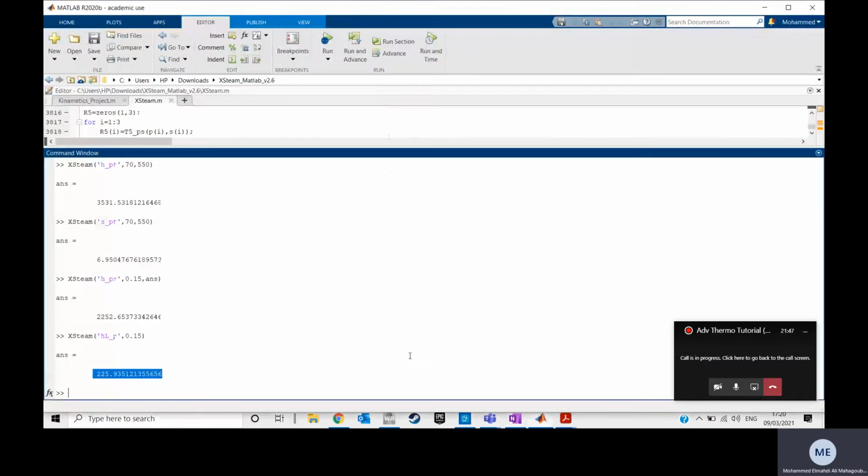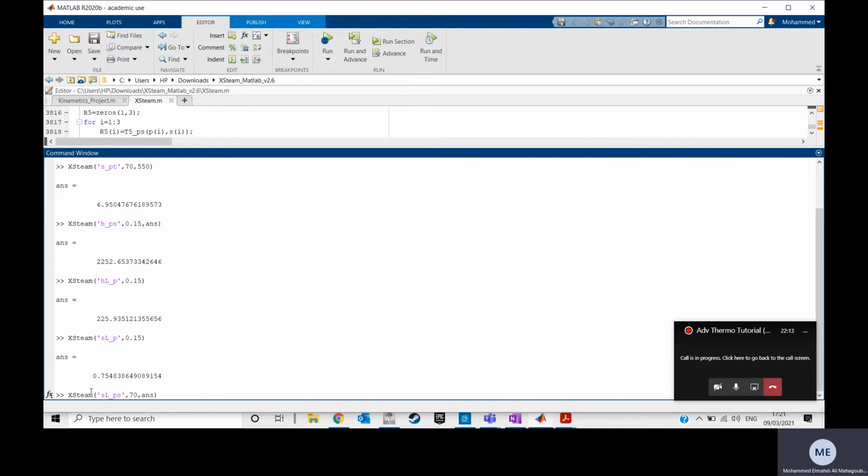So again, what is S of 0.1? I want the saturated liquid entropy. That's it. And then from knowing the pressure and the entropy, what was the pressure for 0.2? It is the same as the pressure of 0.3, which is 70. And then put the comma, and then answer, which is the same entropy as 0.1.